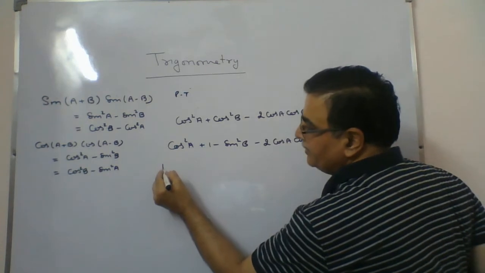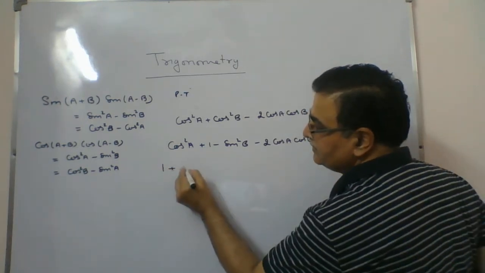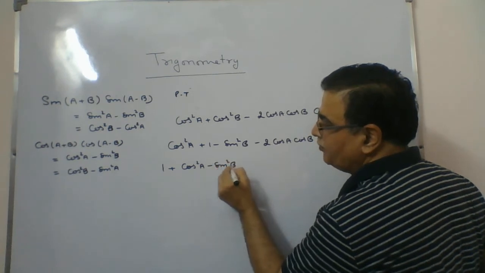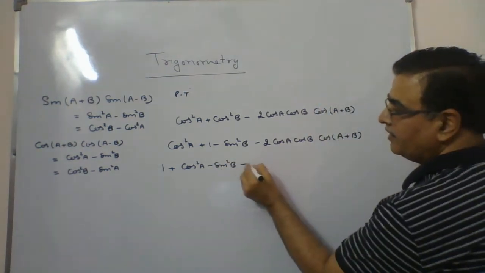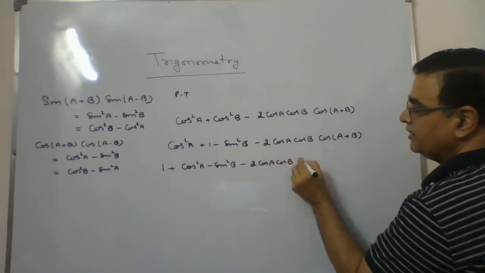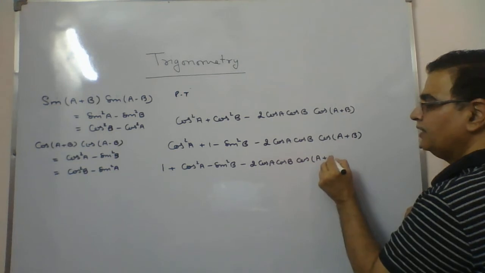This one I'll take here. Then plus cos²a minus sin²b, and then it comes out to be minus 2 cos a cos b cos(a+b).